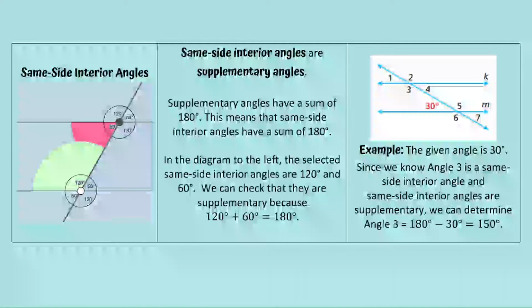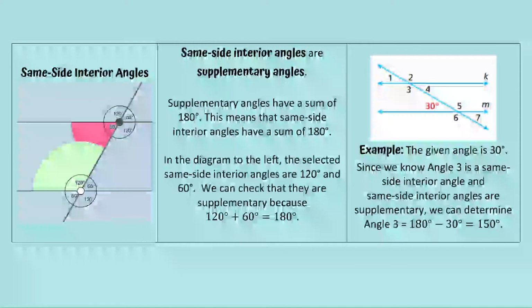What you will notice with all parallel lines cut by a transversal is that same side interior angles are supplementary angles. Supplementary angles have a sum of 180 degrees. That means when you add up the two angles, it equals 180 degrees. So in our diagram on the left, we can confirm that these are supplementary angles because 120 degrees plus 60 degrees equals 180 degrees, and that's just the definition of being supplementary.